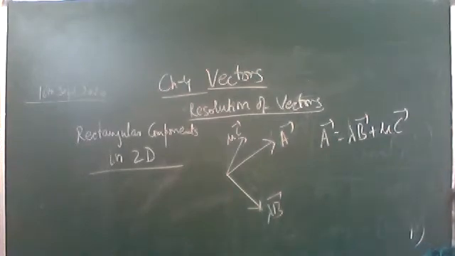Now, rectangular components means a vector is split up in two components in such a way that these two components are perpendicular to each other. Then these components we call the rectangular components.